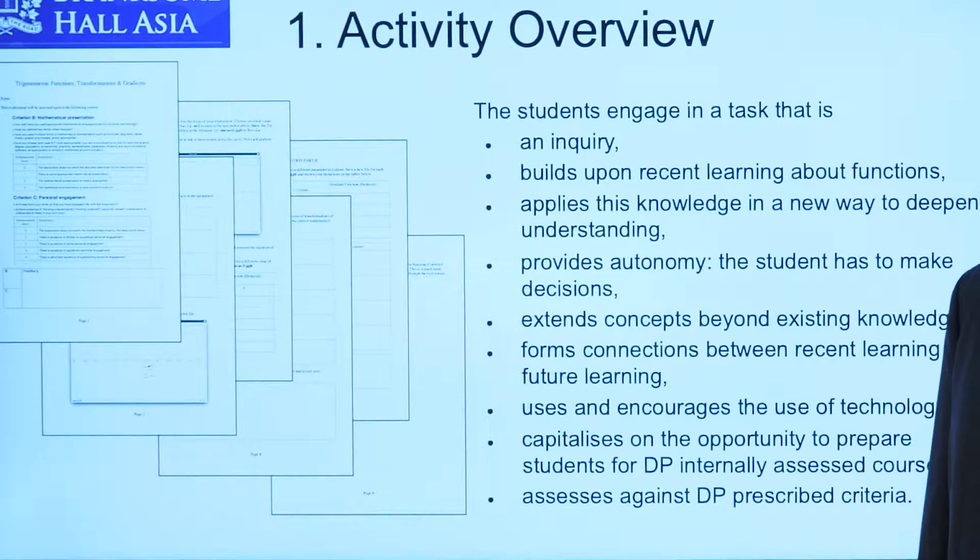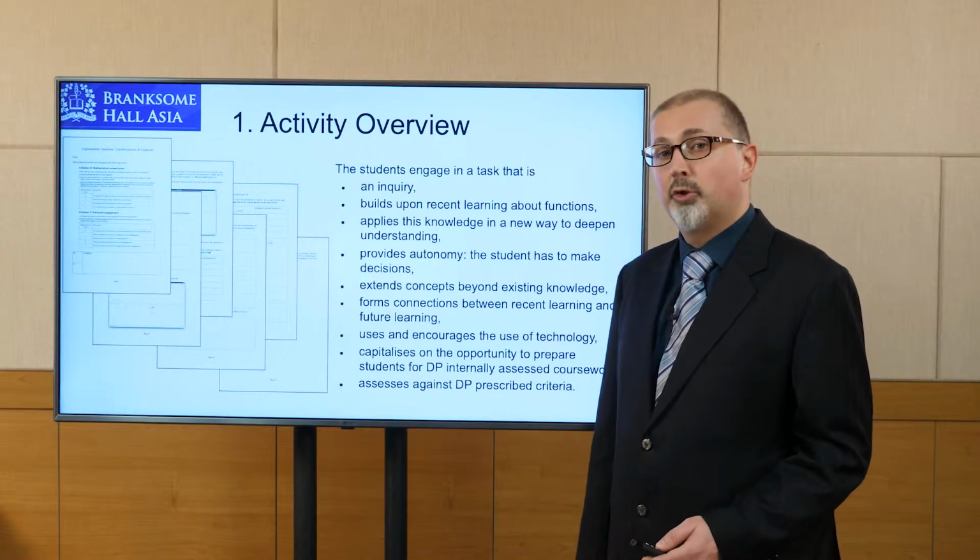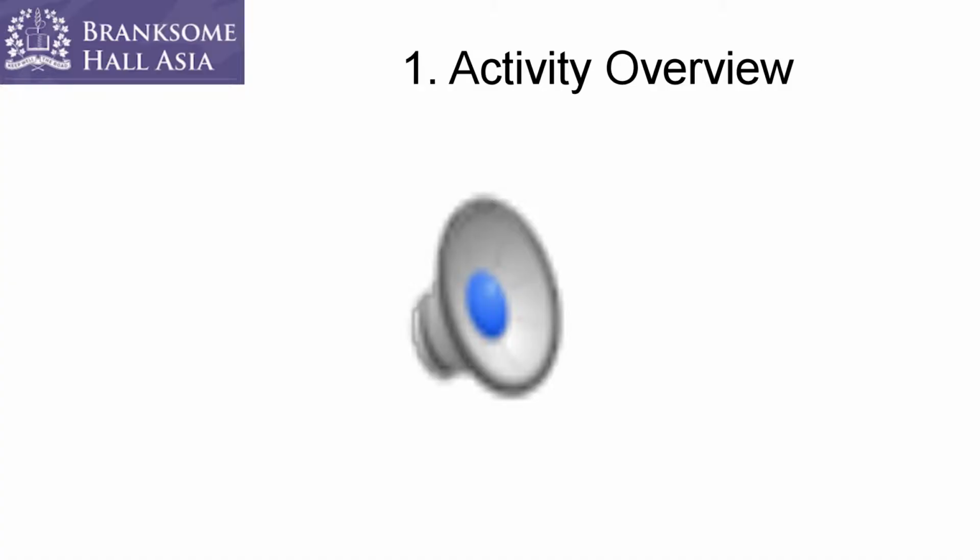They need to be able to use a graphics display calculator or a graph plotter in their IA, in their internal assessment. So we wanted to make sure that this opportunity for them to practice doing that wasn't missed. And also we wanted to give them the feedback against the DP criteria. So we've incorporated that into this topic, into this plan.